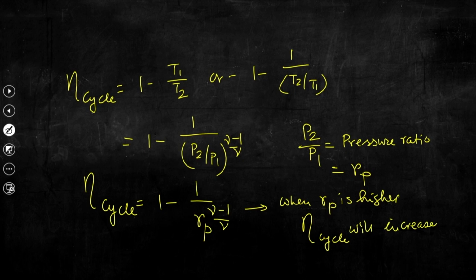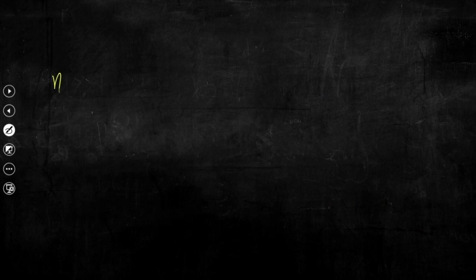Now, we also can write this efficiency in another way. Eta cycle equal to 1 minus T1 by T2. So, what is T1 by T2?